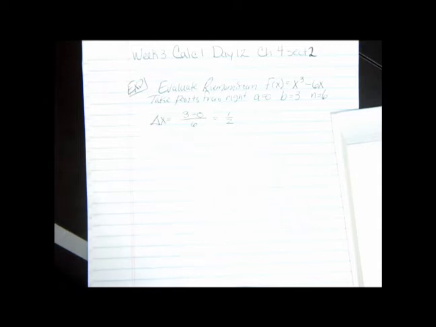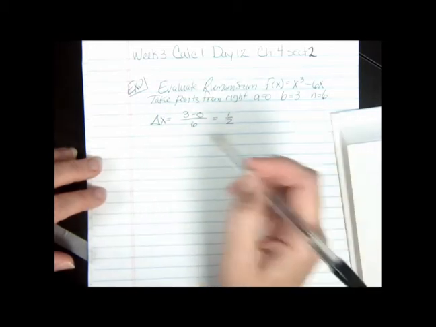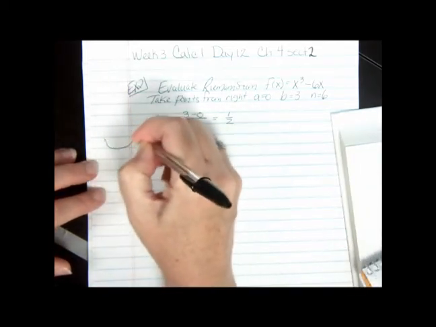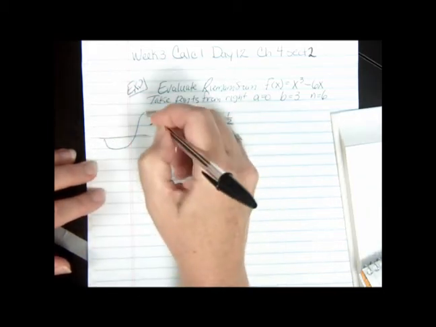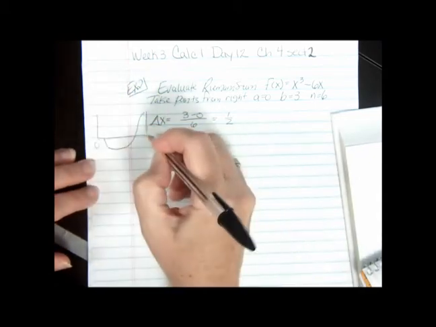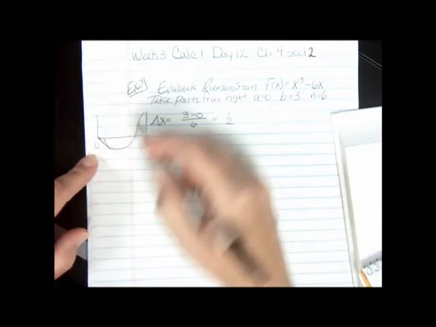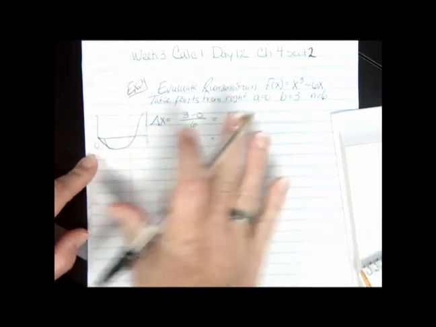Now, keep in mind, I realize that I have 6 rectangles and they're all 1/2 wide. If I have some kind of curve like this, which is what this one looks like, and I'm going to be estimating from 0 to 3, and my width is 1/2, and I'm using my points to my right, not to my left.